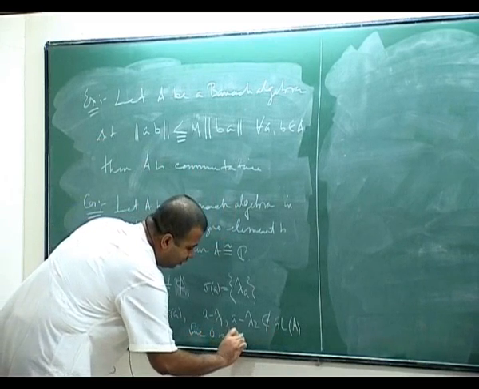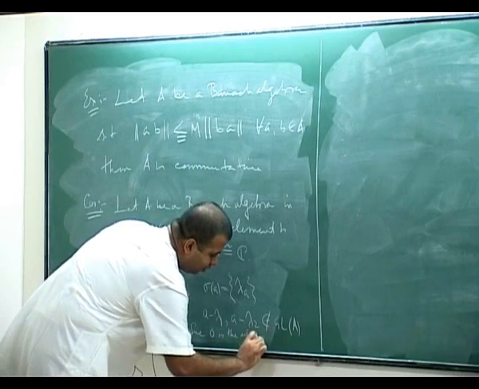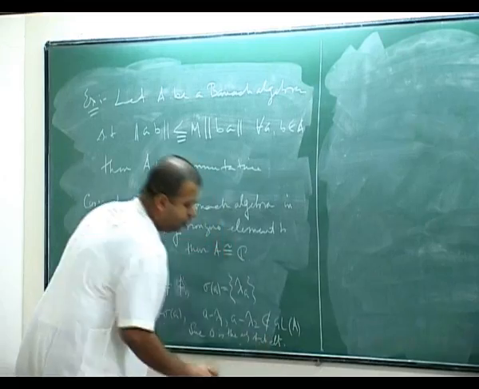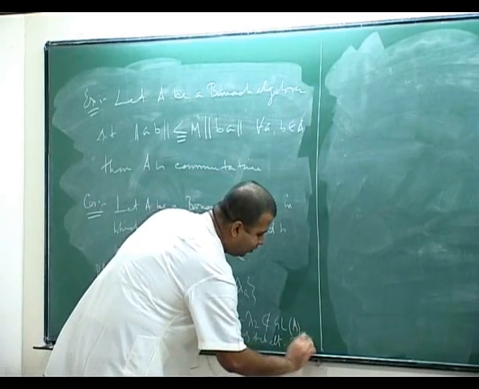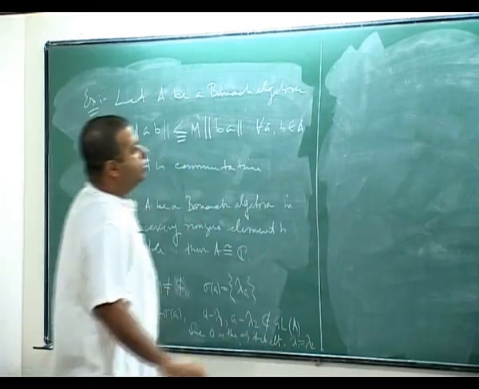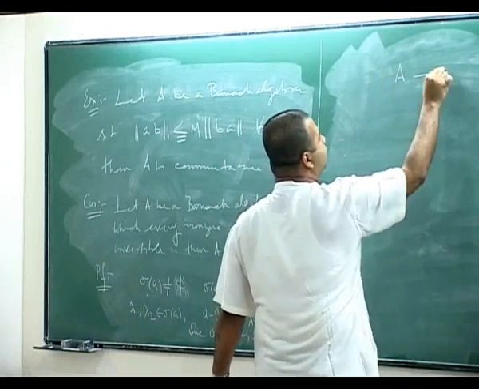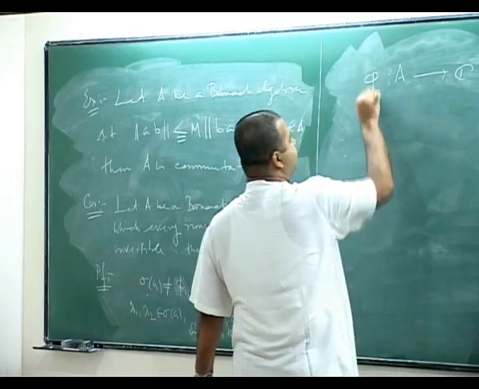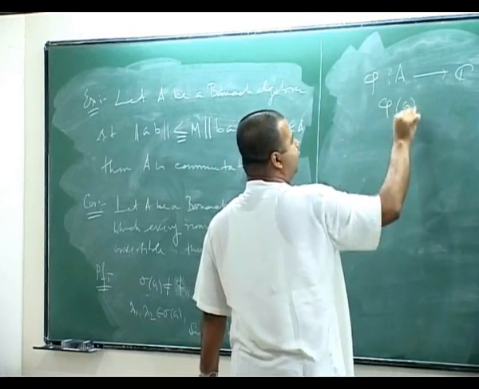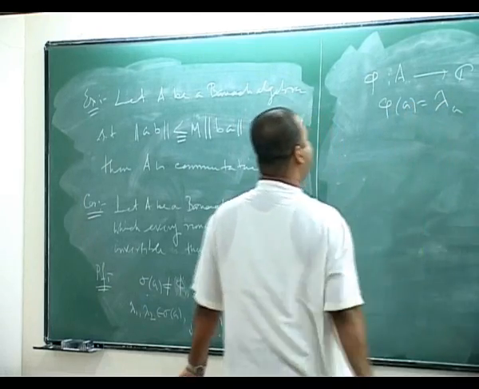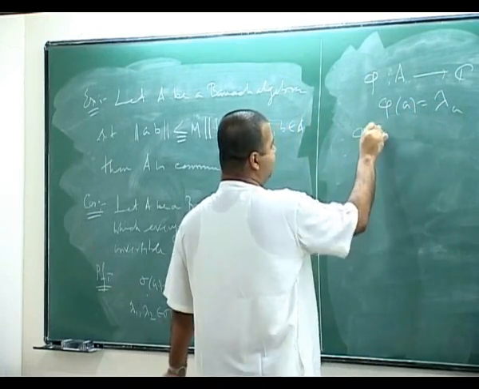Since 0 is the only such element, therefore lambda 1 equal to lambda 2, and so you have a map from A to C, phi of A is lambda A, an isomorphism.